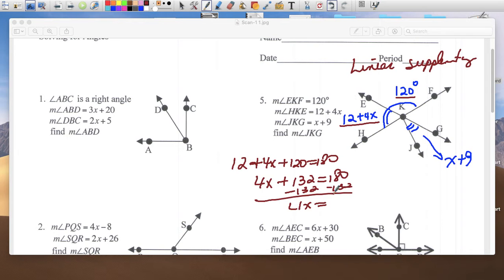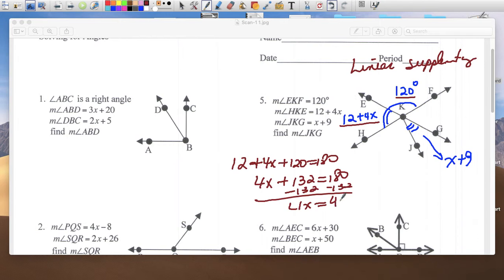Seems about right. Oh, hang on a second. Did I do something wrong? 132, 180. Sorry guys. 180 minus 132 equals 48, not 58.